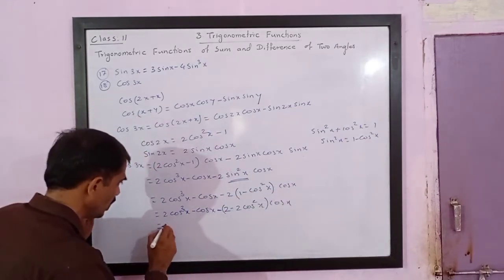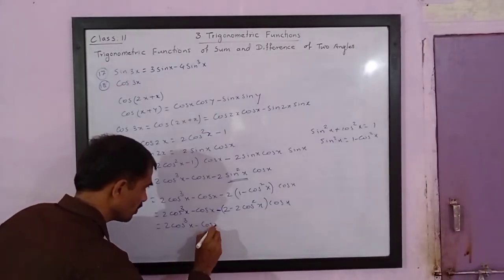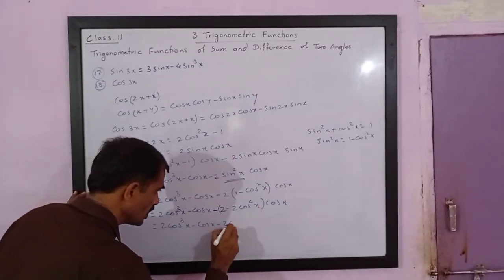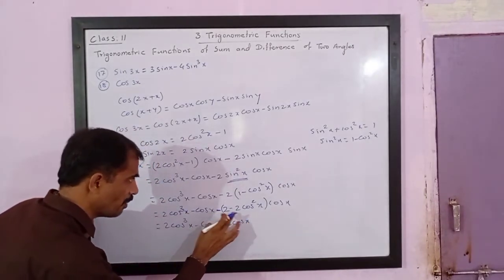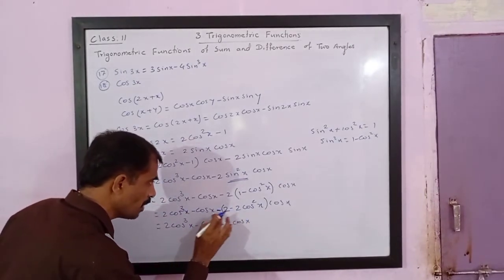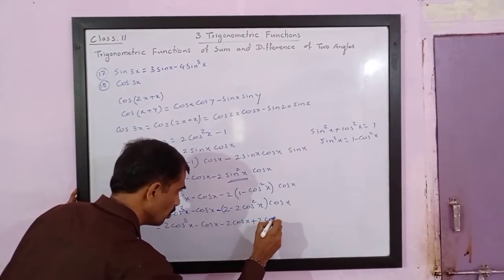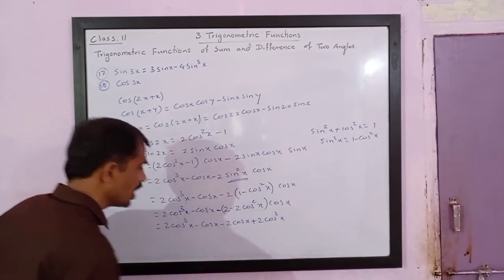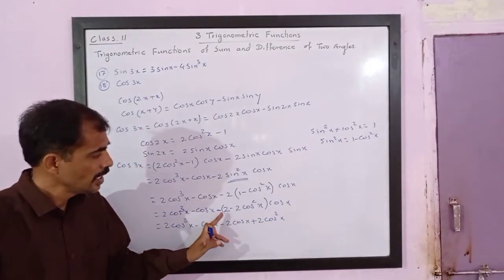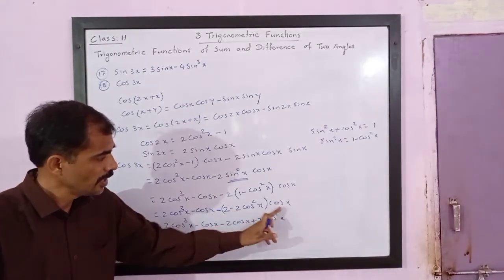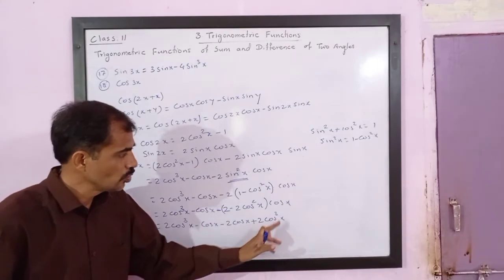So this becomes 2 cos cube x minus cos x minus 2 cos x. Now I am opening the bracket, so I have to multiply by minus sign also. So this becomes minus into minus plus and 2 cos cube x. Please try to understand. We have multiplied by minus sign, so this becomes minus and this becomes plus. We have multiplied by cos x, so this becomes 2 cos x and this becomes plus 2 cos cube x.